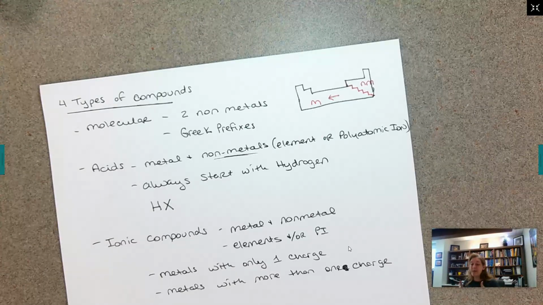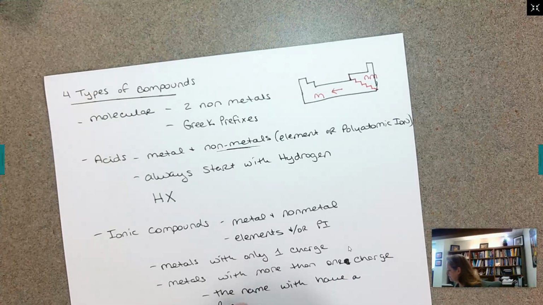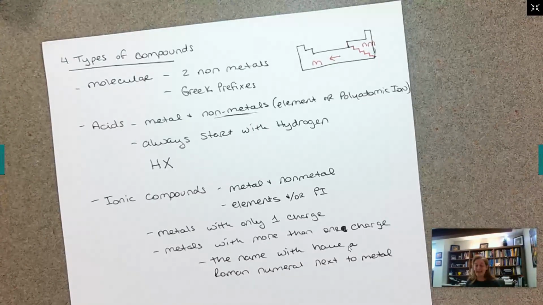But if you have a metal with more than 1 charge, the name will have a Roman numeral next to the metal. And that Roman numeral is there to indicate what the charge is on the metal. Okay? So that's basically going to be your transition elements.